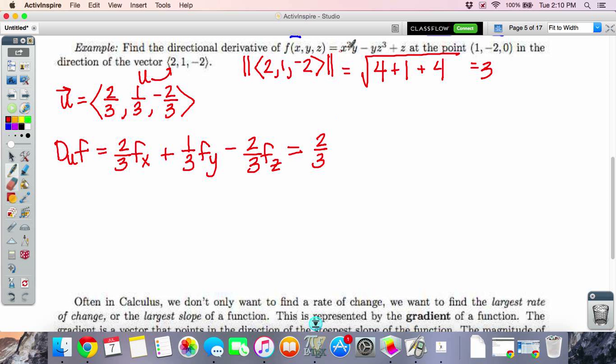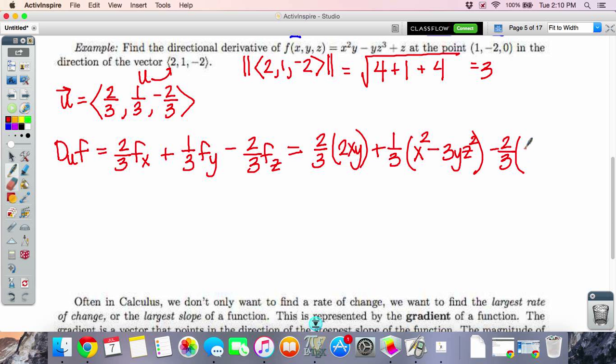Now the partial with respect to x of this entire function is just going to be 2xy plus 1/3. The partial with respect to y of this function is going to be x squared minus 3yz squared. And then the partial with respect to z of this function is going to be negative 3y.